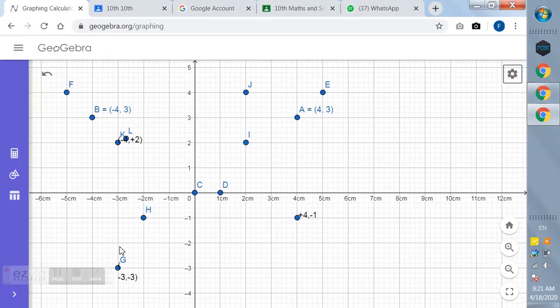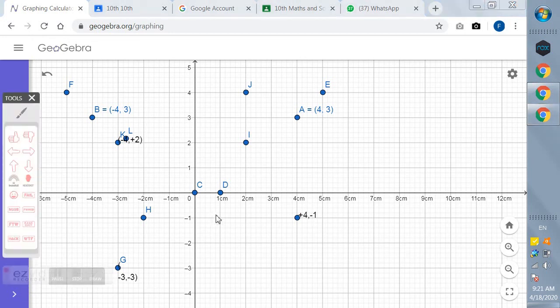Now the fourth quadrant, here, this is the fourth quadrant. So what is the property of the fourth quadrant? Value of x will be positive, value of y will be negative.